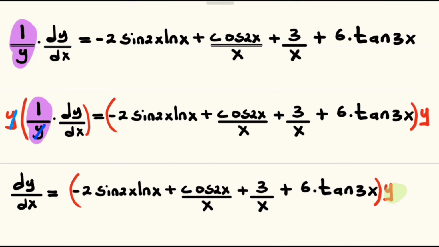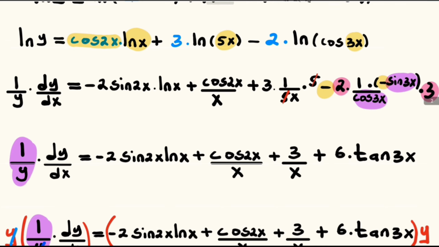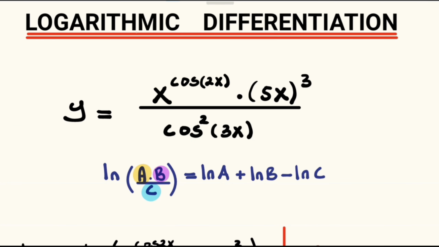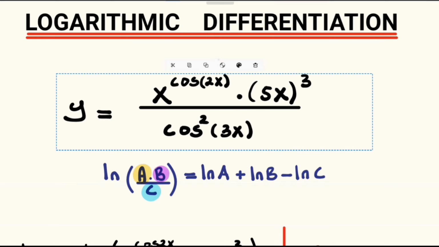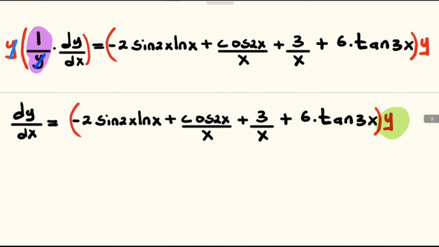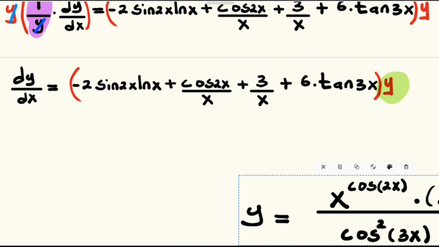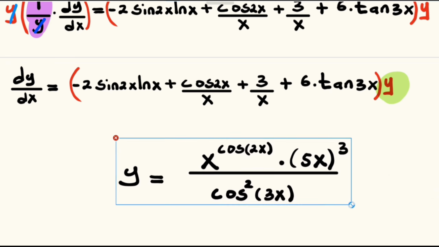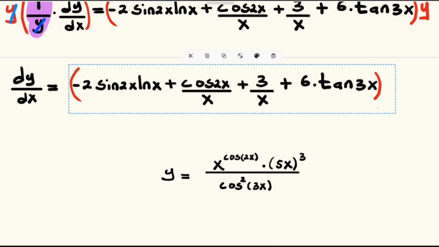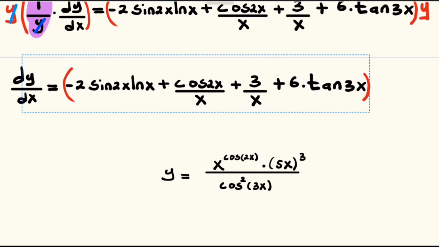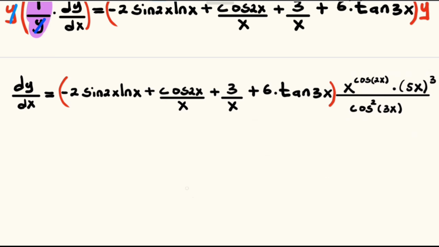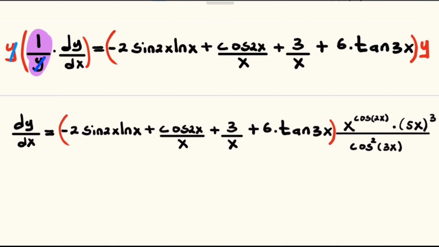And in the place of that y, we are going to substitute the x raised to the power cos 2x multiplied by 5x raised to the power 3 divided by cos squared of 3x. So let's try to substitute this where there is y. So we have the derivative of y with respect to x.